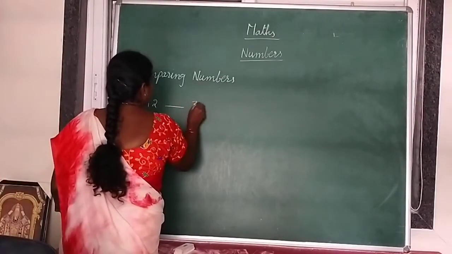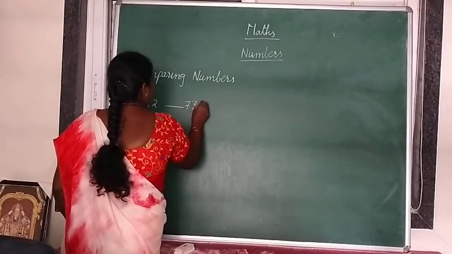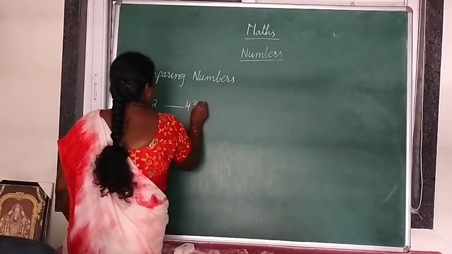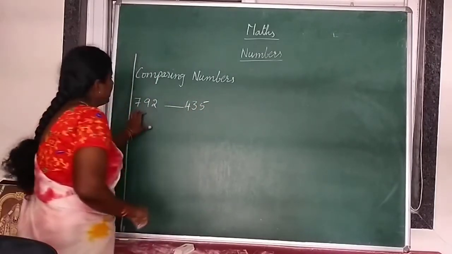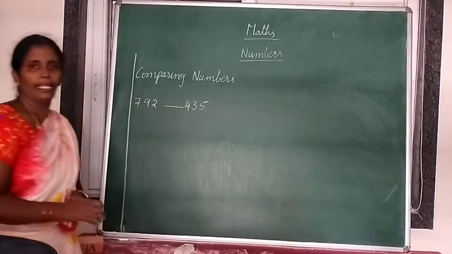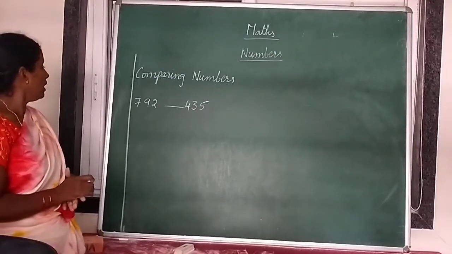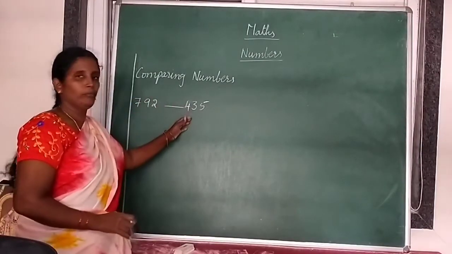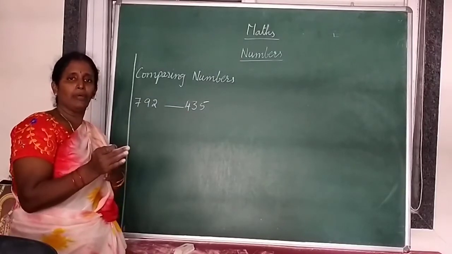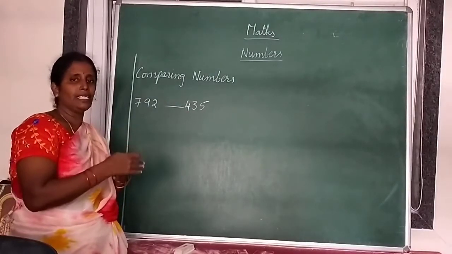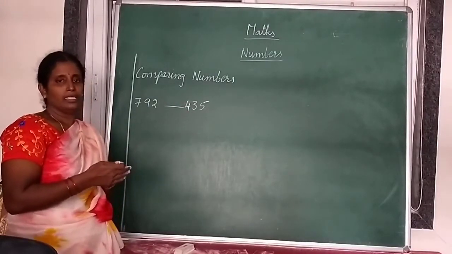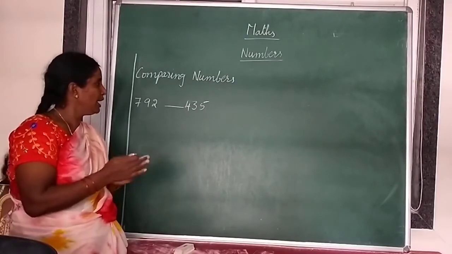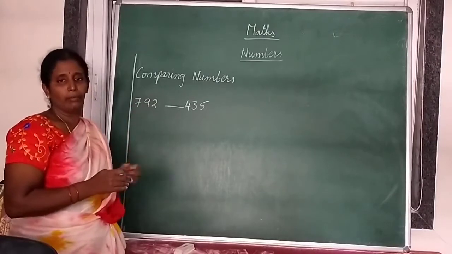And 730, 435. 792 and 435. Here I gave two numbers. So we have to compare these two numbers. If you compare those numbers, we can find greatest and smallest numbers. Sometimes greater, sometimes smaller, and sometimes equal numbers will be there.